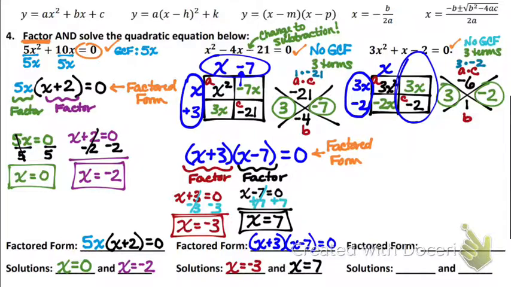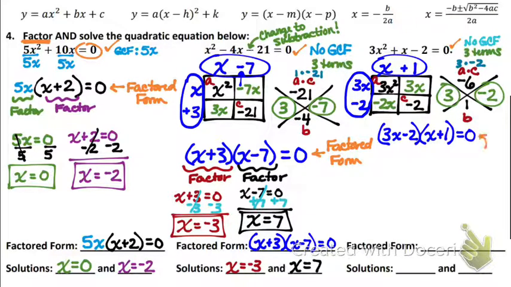What about 3x and negative 2? One. The only thing they have in common is 1. Positive 1 or negative 1? Positive 1. All right, so I have 3x minus 2 and x plus 1 equals 0. This is my factored form.